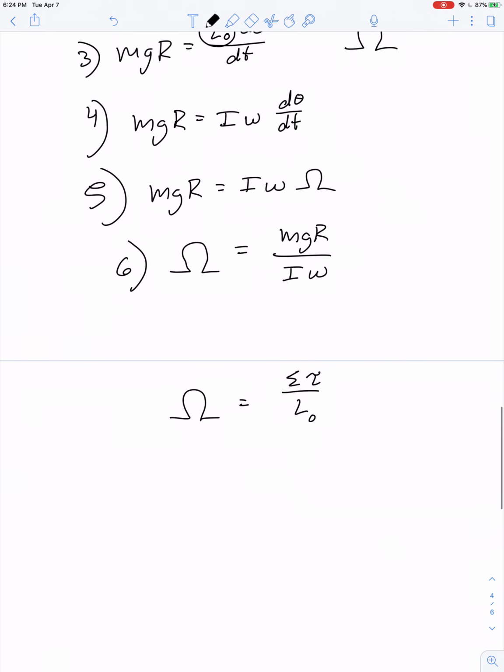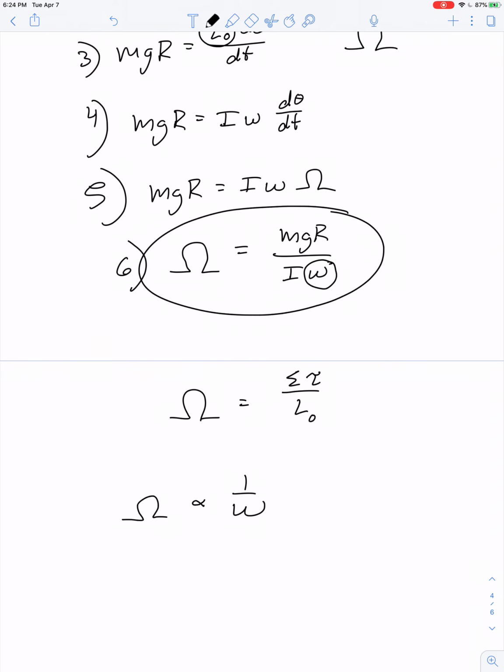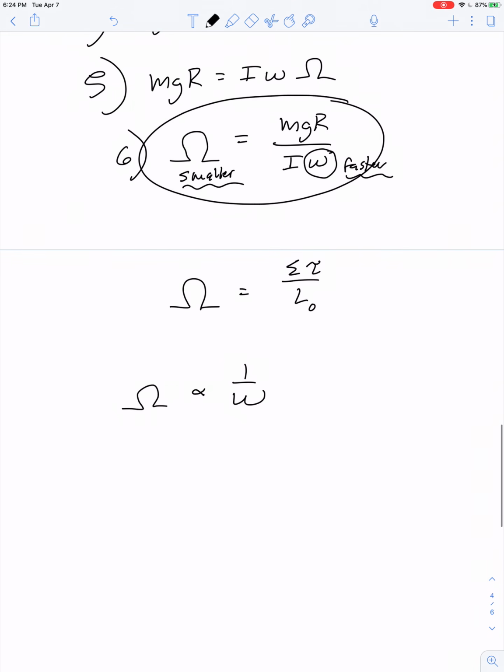There's an inverse relationship between capital omega and lowercase omega, right? The rate at which the bike wheel is spinning on its own axis is in the denominator of this equation. So the faster the bike wheel spins on its own axis, the smaller the rate of precession. Okay, so there you have it.